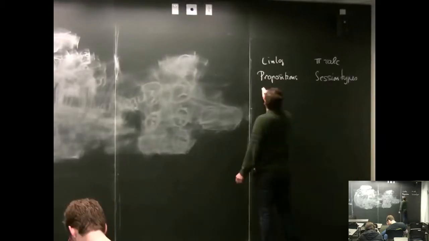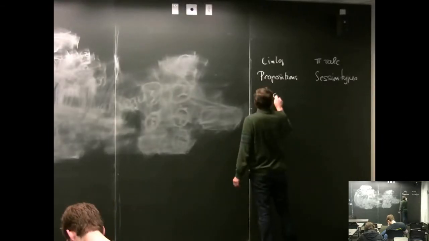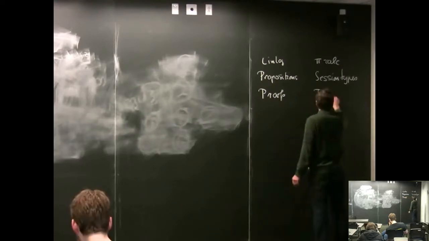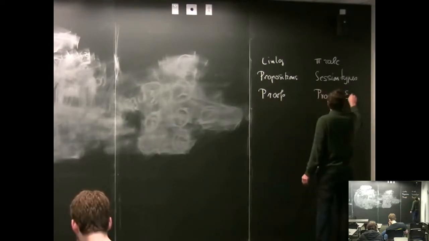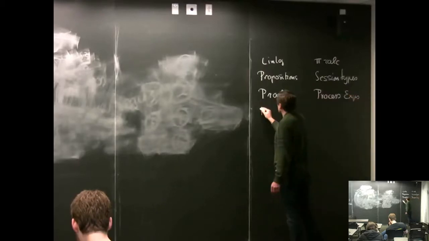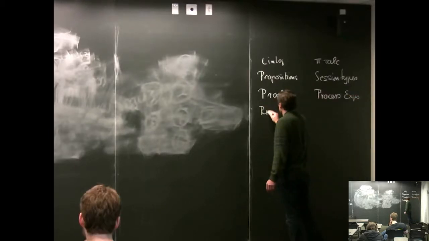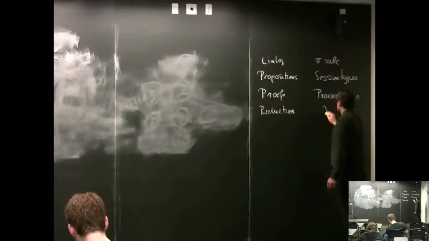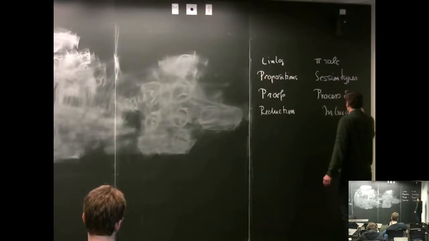Then the proofs here correspond to process expressions. And proof reduction corresponds to interaction or computation reduction over here.